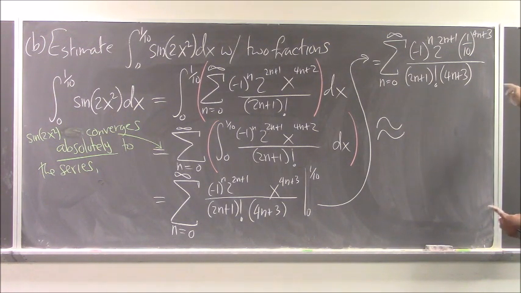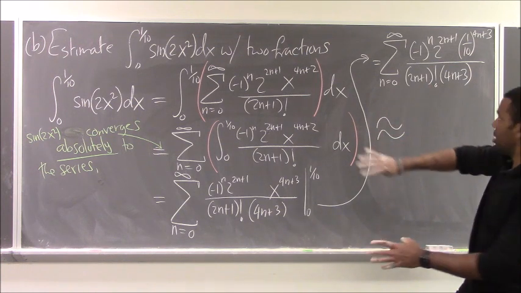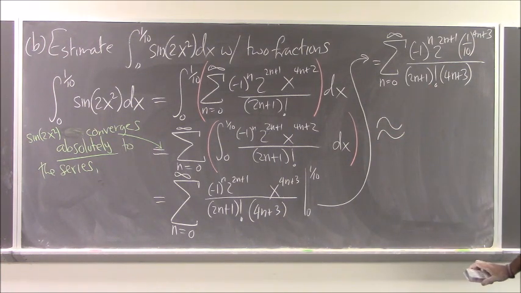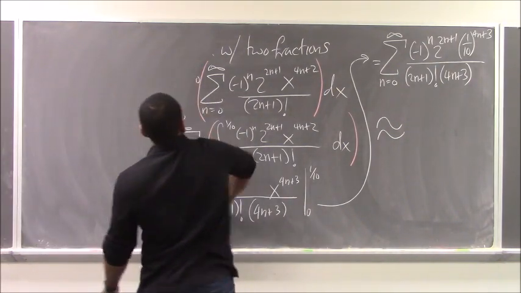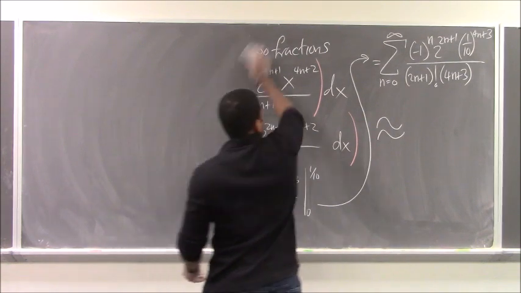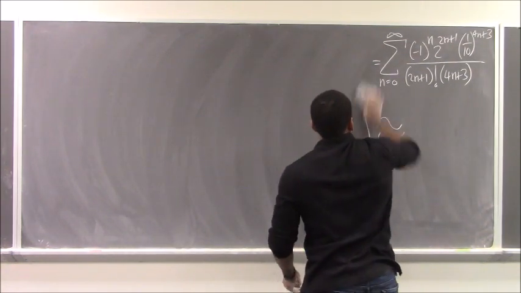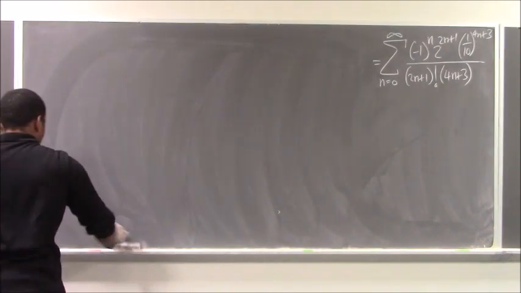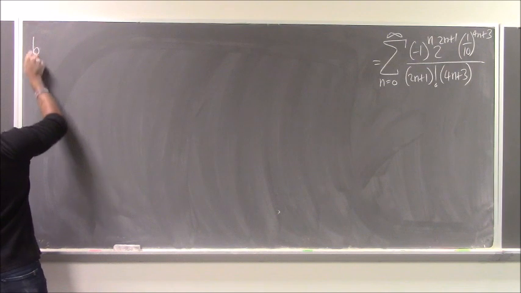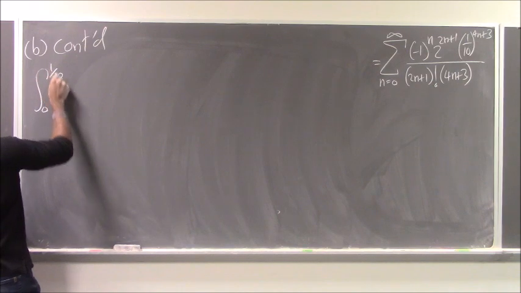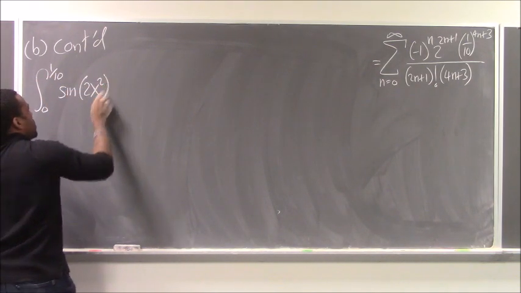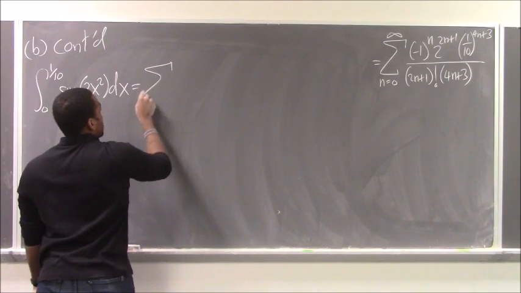now actually take a snapshot here because I want to clean the board a little bit and try to rewrite this. 3, 2, 1, snapshot. Okay, so what we have so far is that the integral from 0 to 1/10 of sine of 2x squared is equal to the series.